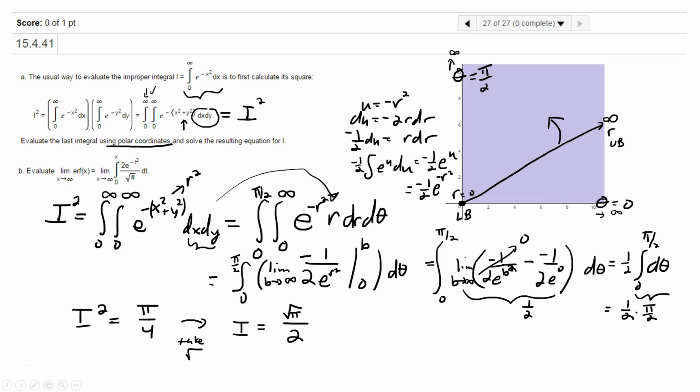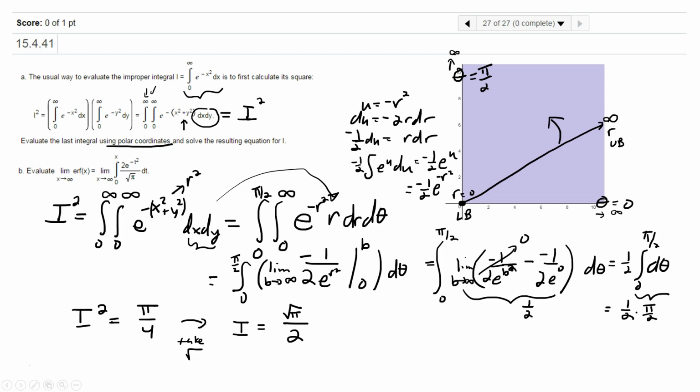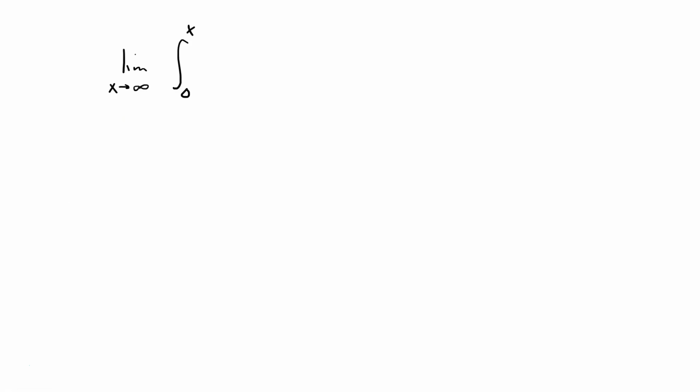And so let me go to a new slide and have the limit as x goes to infinity of the integral from 0 to x, and then the dummy variable, there's an extra factor of 2 in there for this error function. E is to the minus t squared.